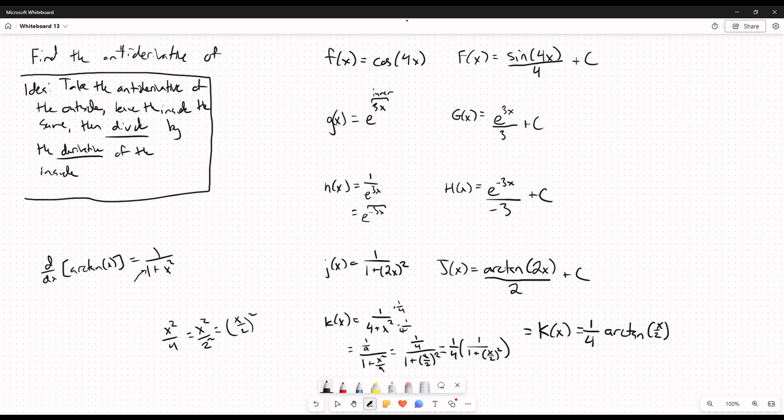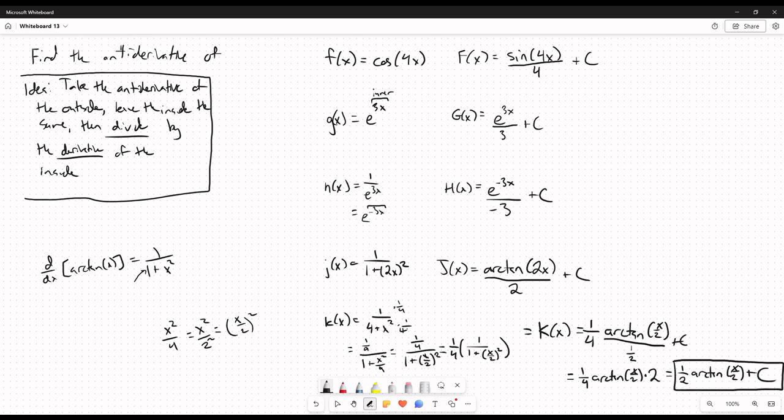And then I need to divide by the derivative of the inside. So I'm dividing by 1/2. But that's a little silly. That's the same as taking 1/4 arctangent of x over 2 times 2, which will end up just being 1/2 arctangent of x over 2. And we add our constant at the end.